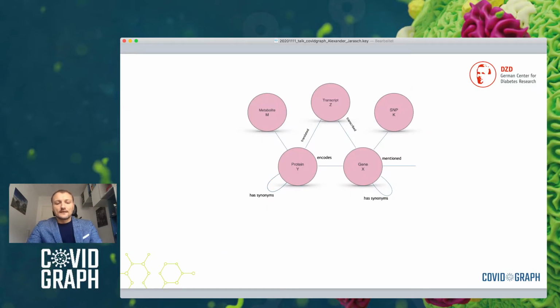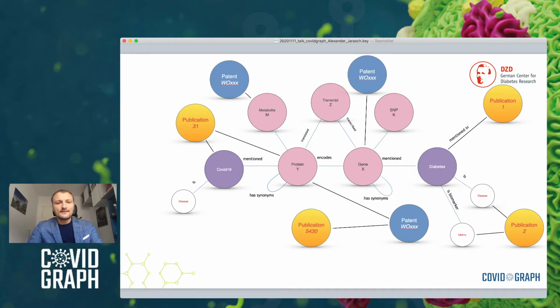When we think about this core in our healthcare sector, in the medical field, we have genes, proteins, single nucleotide polymorphisms, transcripts, metabolites, right? And usually, as a researcher, you would draw this on a whiteboard. And as I said, we extend that by other data sources.